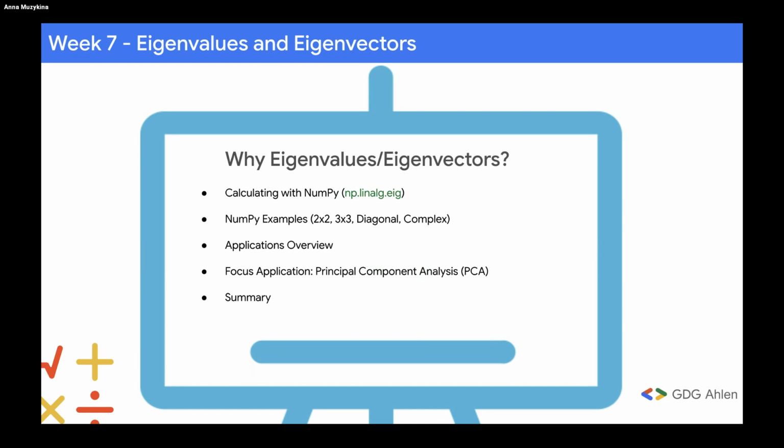We will give a brief overview of where eigenvalues and eigenvectors are used. We will then focus specifically on PCA, principal component analysis, explaining how it relies on these concepts. And finally, we will summarize the key ideas.